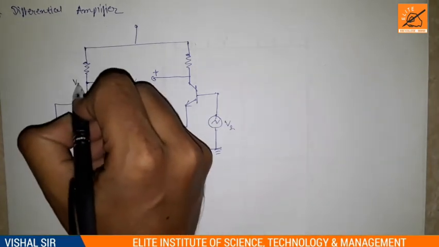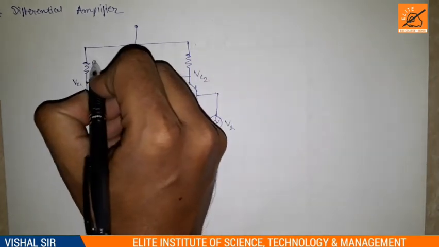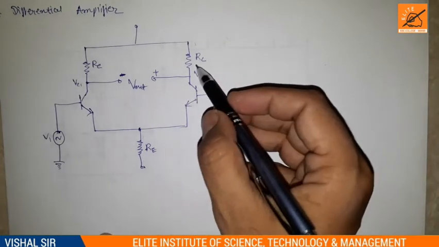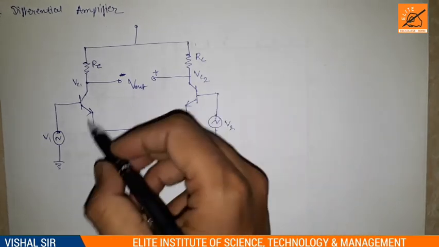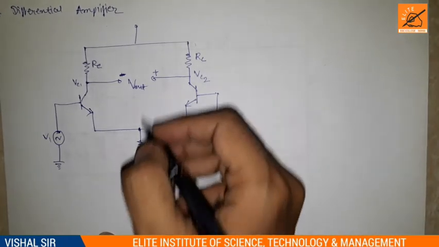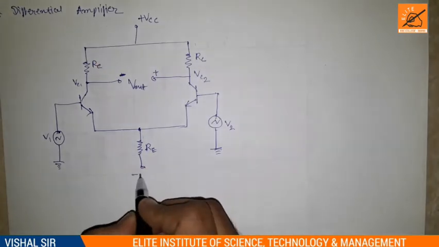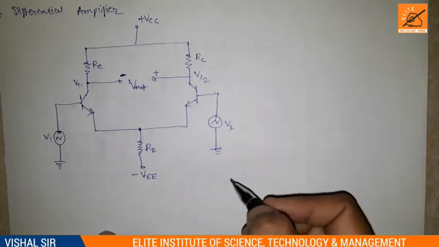Okay, this one is Vc1 and Vc2. This is RC. Okay, RC means collector resistance. This one is the base and this one is the emitter. RE means emitter resistance. Here is plus VCC and here is minus VEE.